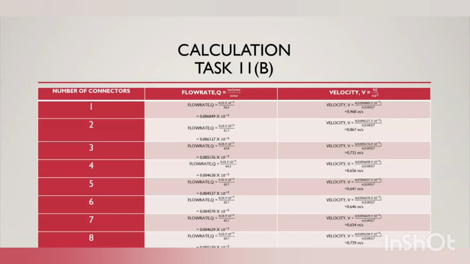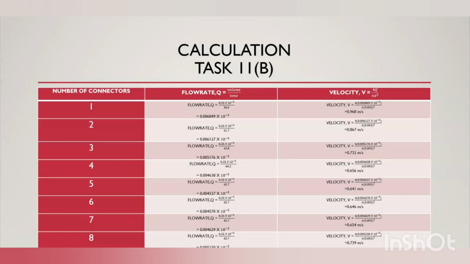Same as task 2A, we calculate the flow rate with the equation of volume over time, and the velocity is the equation of 4Q divided by pi d squared. We insert the value of the time into the flow rate equation, which is 0.25 times 10 power of negative 3 divided by 36.5 seconds. We got the flow rate is 0.006849 times 10 power of negative 3. That's the flow rate for connector 1.